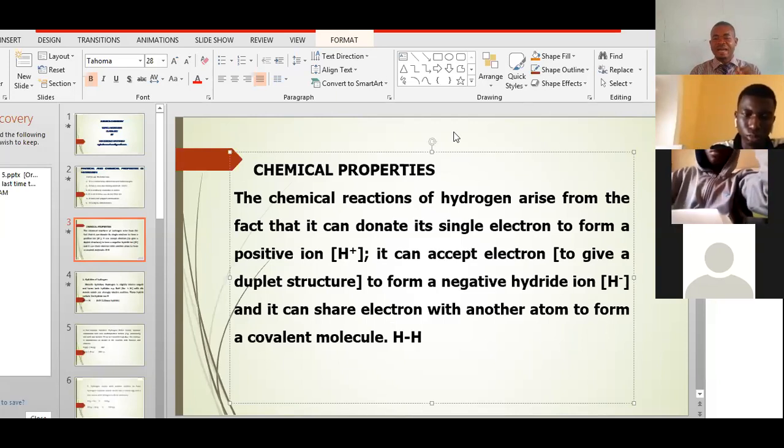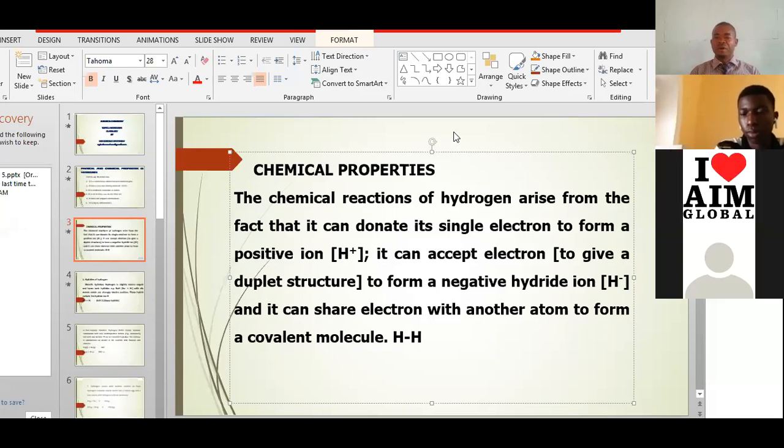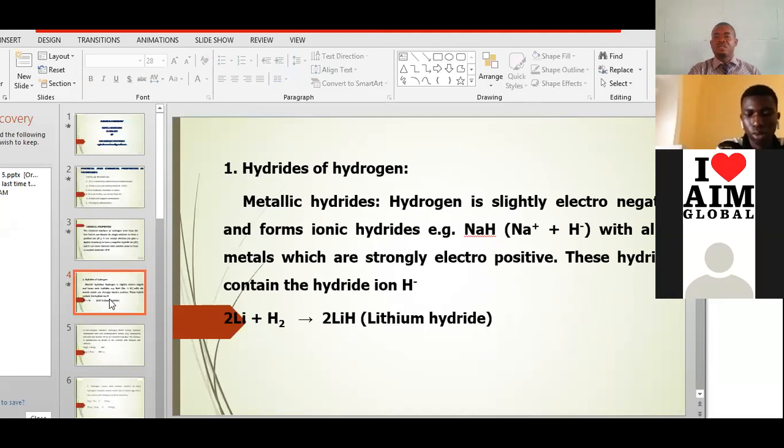As well, it can accept just one electron to attain the duplex structure, so that it will become stable like other group 8 elements. And the same hydrogen has the ability to share electrons with one another to form a molecule, hydrogen gas. So let's look at the other chemical reactivity of hydrogen.